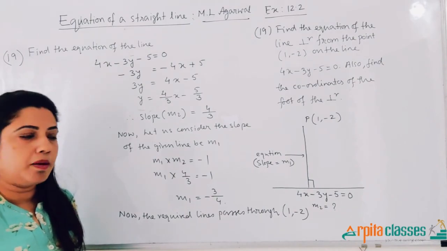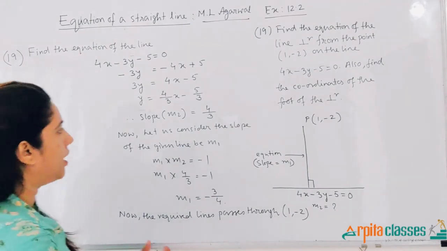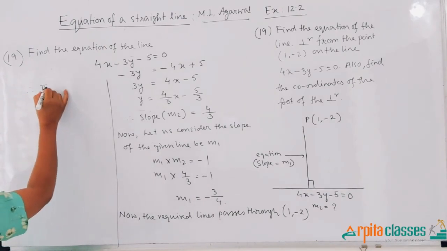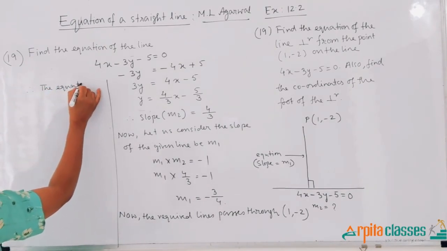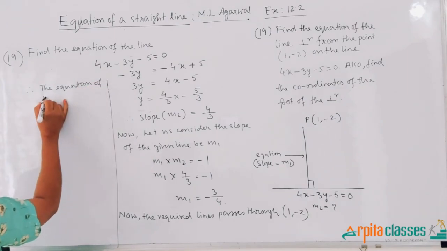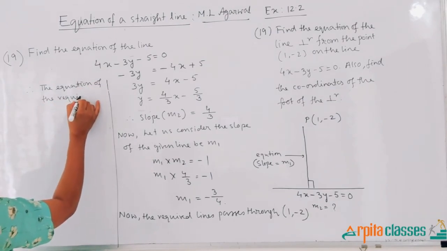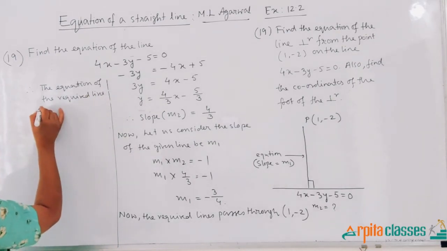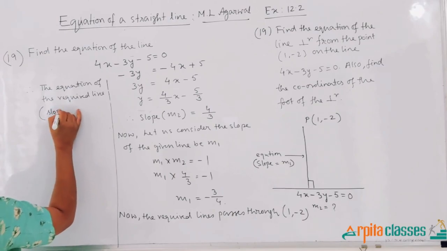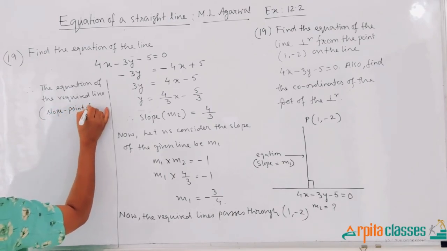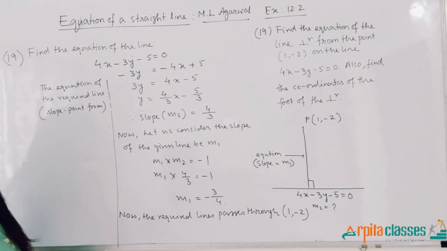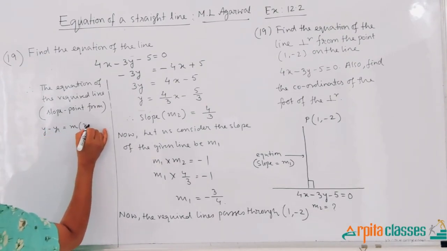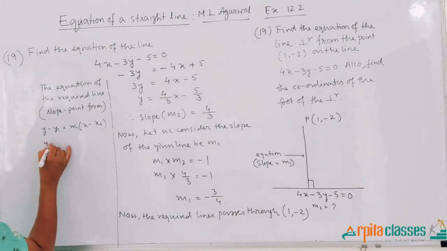Therefore the equation we get by the slope-point form. The equation of the required line, you can write down the form, that is slope-point form: y - y1 = m(x - x1).